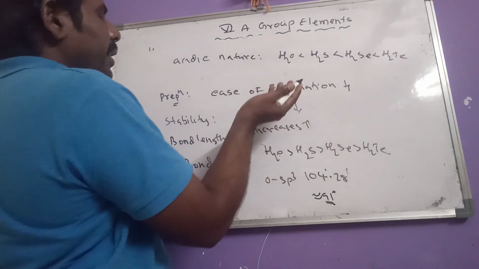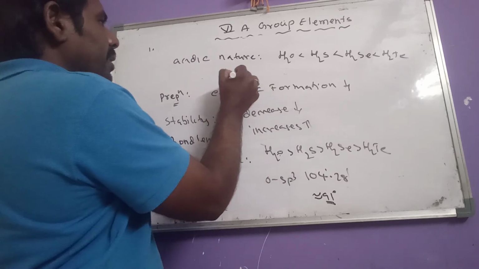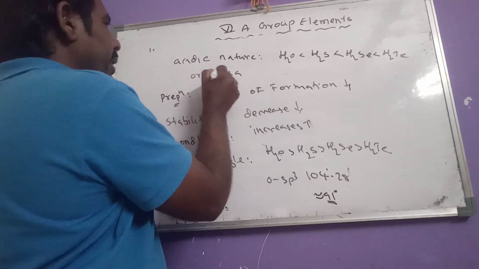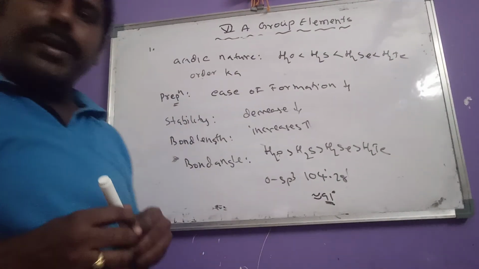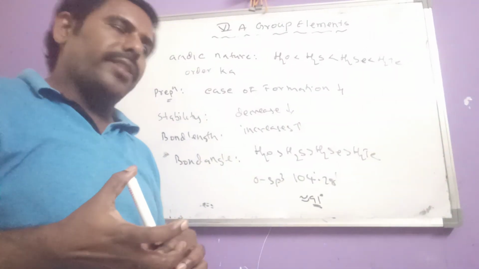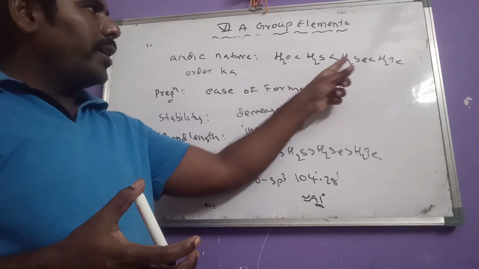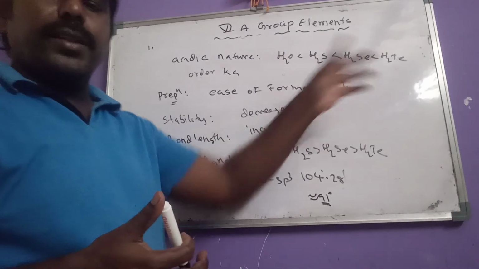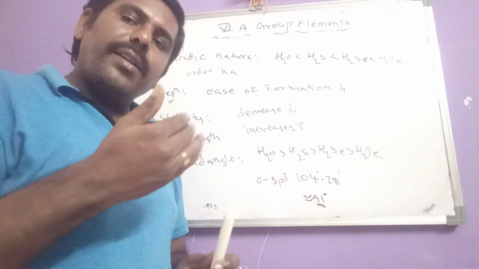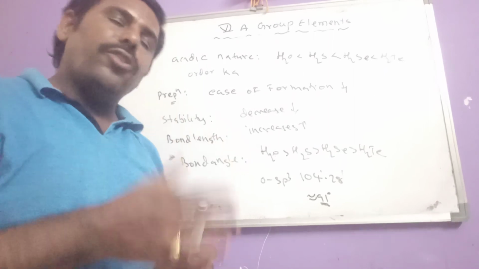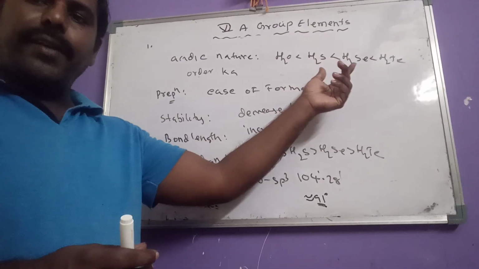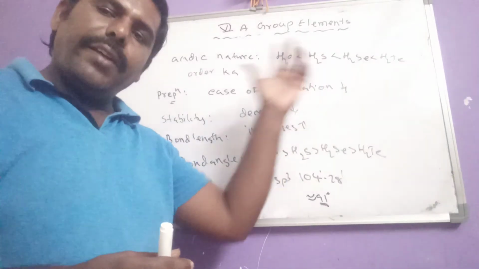We can get another question: what is the order of Ka value, the acid dissociation constant? Same order: H2O less than H2S less than H2Se less than H2Te. But for pKa value, we have to make it reverse.